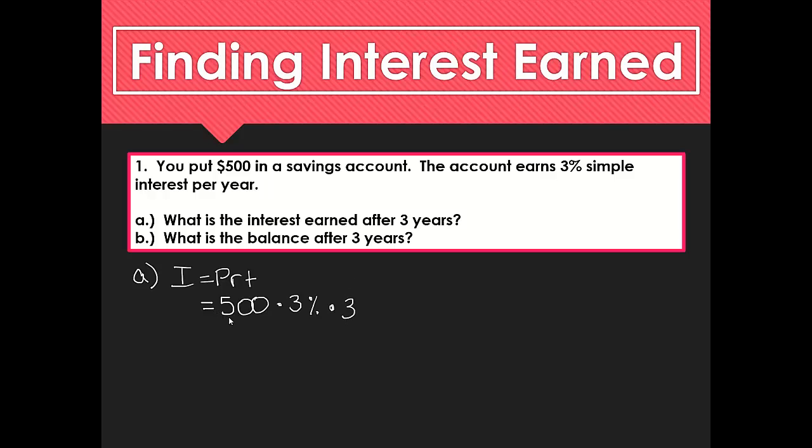So we're going to do 500 times 3% times 3. So we have 500. We multiply that by 3%, or 0.03, which is 3 hundredths, and then times 3. 500 times 3 hundredths times 3 is 45. So our interest is $45.